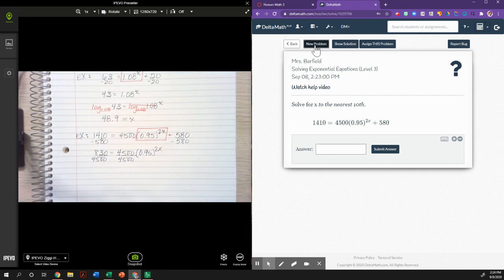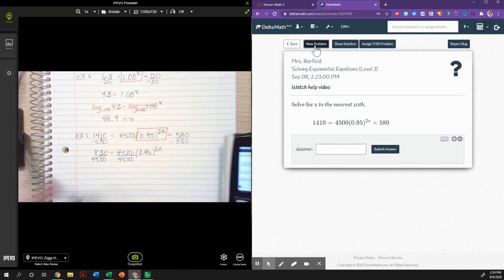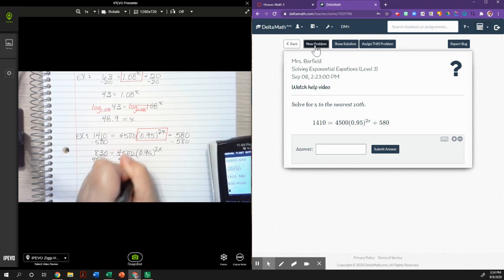That's going to give me probably some wonky decimal, but that's all right. That gives me 0.184 repeating. I don't like it, but it is what it is. So 0.184 repeating equals 0.95 to the 2x.